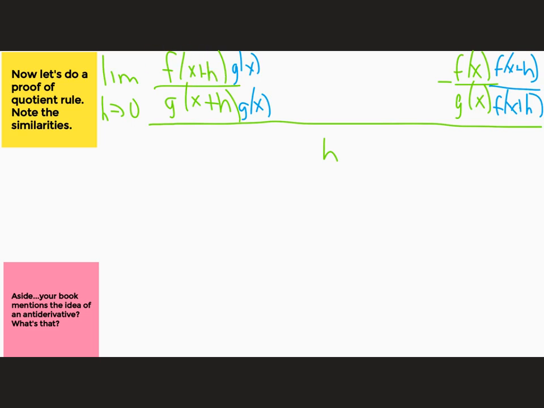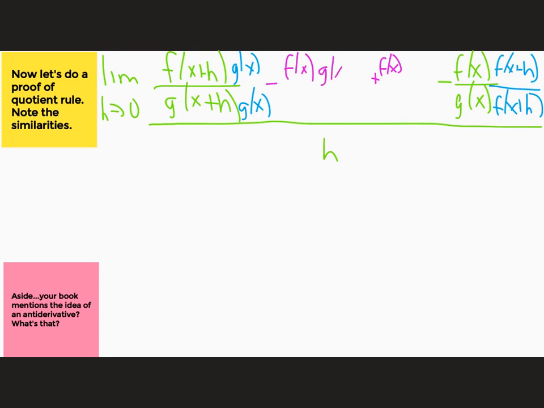Just like in product rule, I would like to subtract an f of x. But obviously if I subtract that f of x, I have to add that f of x somewhere else. And then I have a g of x there, so I need a g of x.